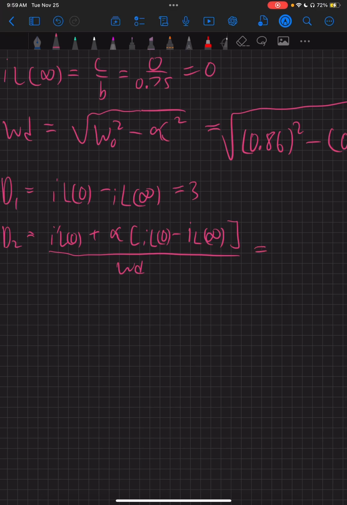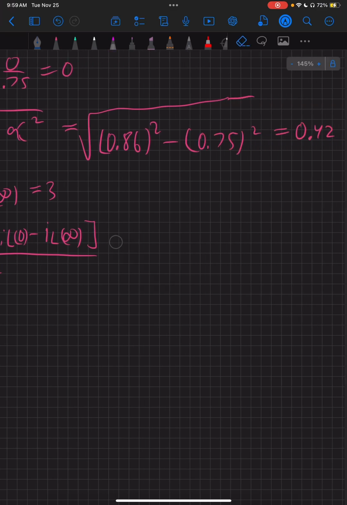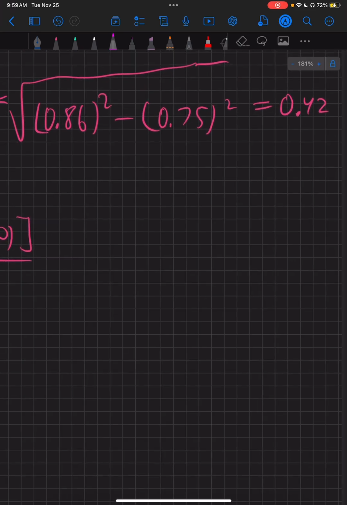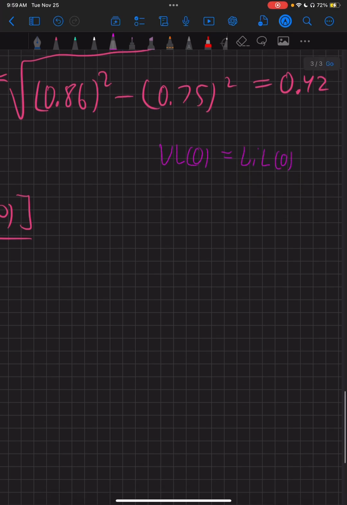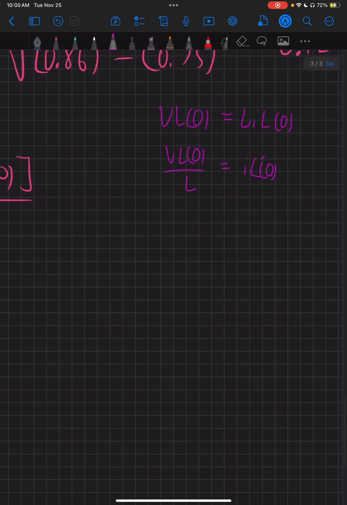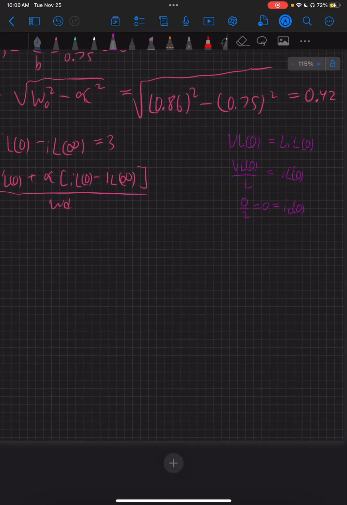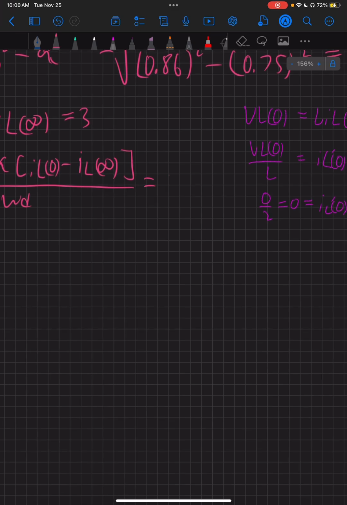To plug everything in, VL(0) equals L Io prime(0), so Io prime(0) equals VL(0) over L, which is 0 over 2, equal to 0, equals IL prime(0). Once we plug everything in, the answer becomes 5.3.